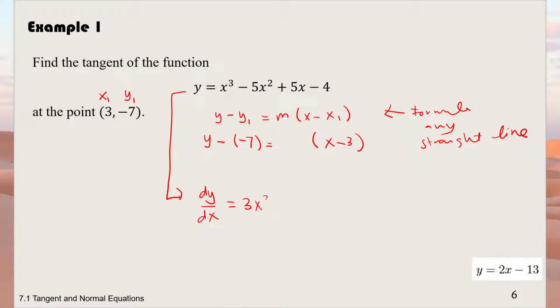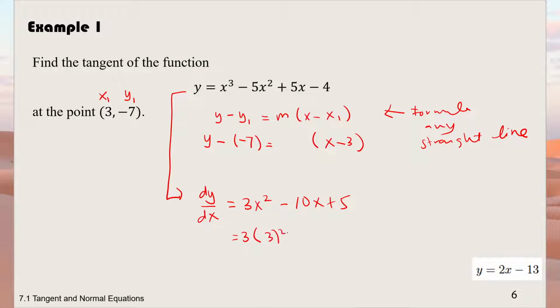So I will have 3x squared minus 10x plus 5. This is a general slope for this equation. So if I want the slope or the gradient at this particular point, I substitute my x with 3.